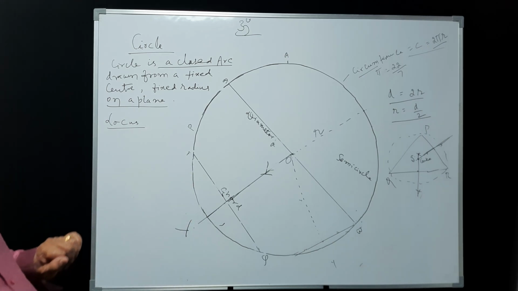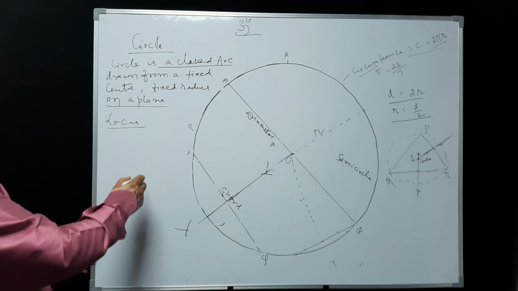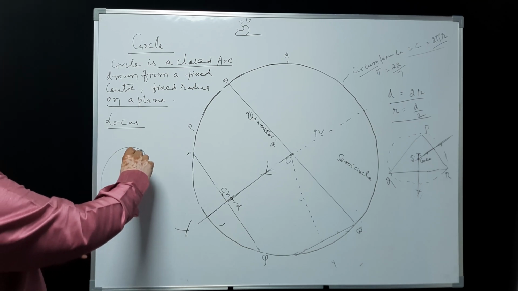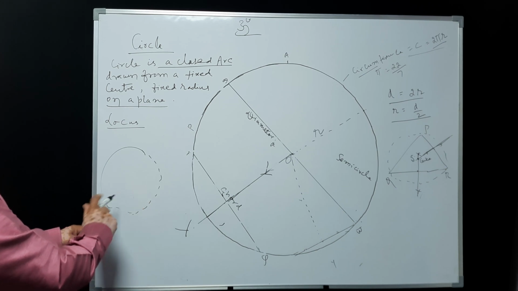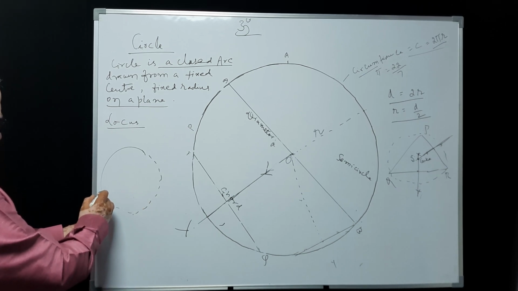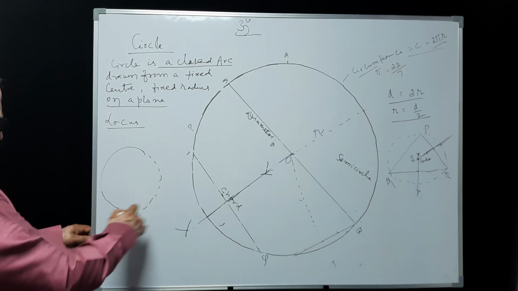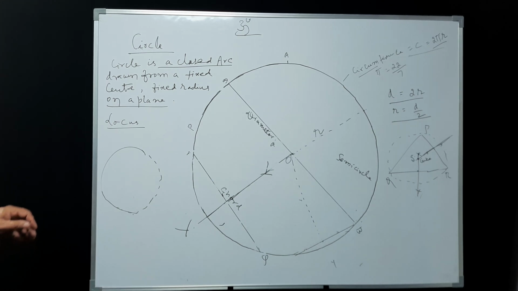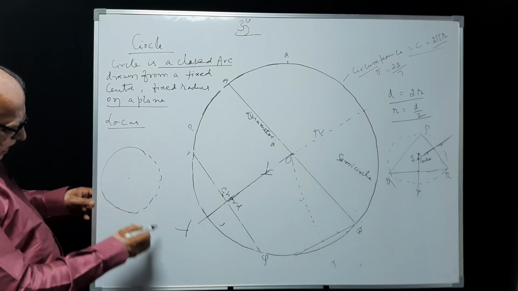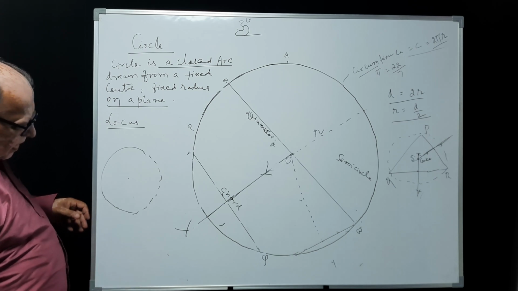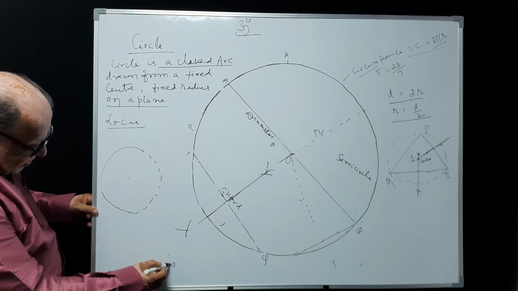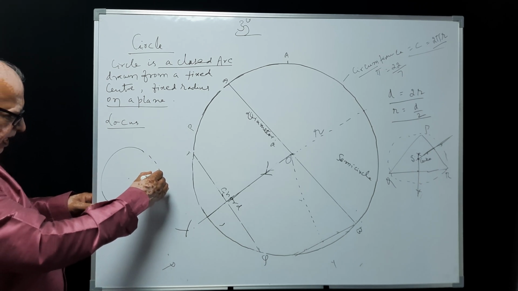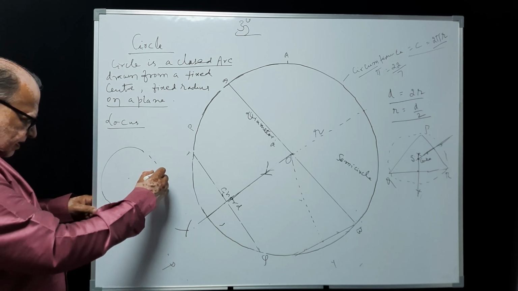Now, say we have a circle and we have an external point. Then you can draw a line from the external point to touch the circle at one point, like this.